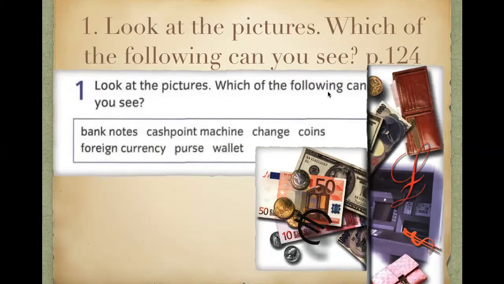For example, banknotes, cash point machine, change, coins, foreign currency, purse, and wallet. We're going to go through some of these words, and you can tell me if you can see them.